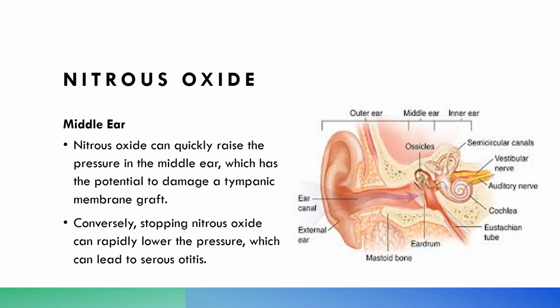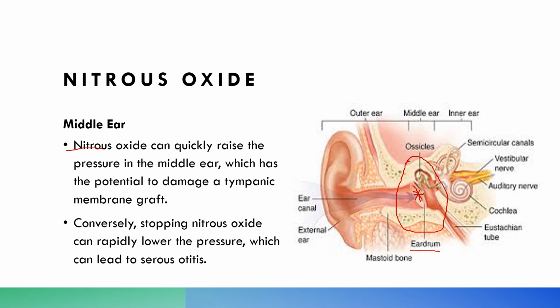So this becomes significant when we have these air-containing spaces in our bodies that primarily surgeons perform procedures on. If we were doing a tympanoplasty, which is repair of the eardrum, and the surgeon came in here and patched up this eardrum and made it all nice and pretty, and hopefully this patient's going to regain a lot of their hearing.